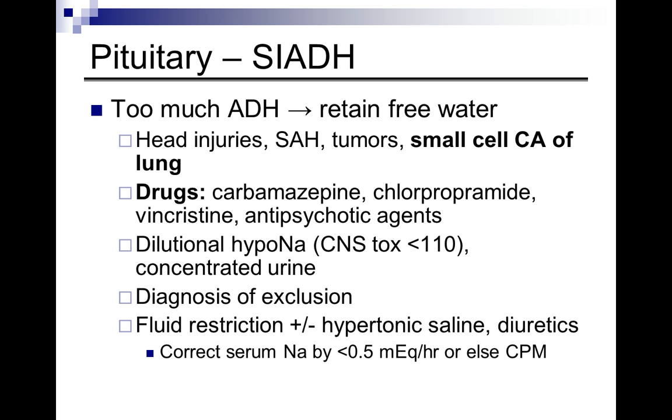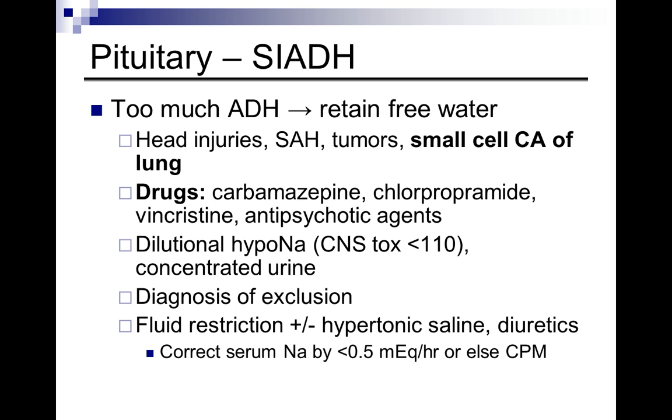Patients with SIADH will develop a dilutional hyponatremia. Remember that when sodium levels get below 110, there's increased risk of CNS toxicity. And they tend to have very concentrated urine. SIADH is often a diagnosis of exclusion once other causes for these metabolic derangements have been ruled out.